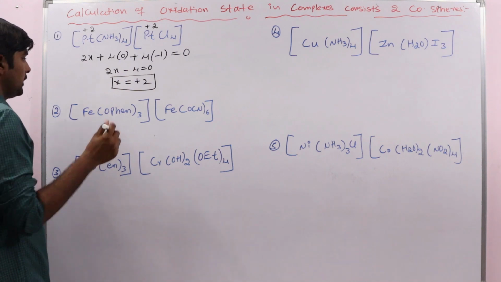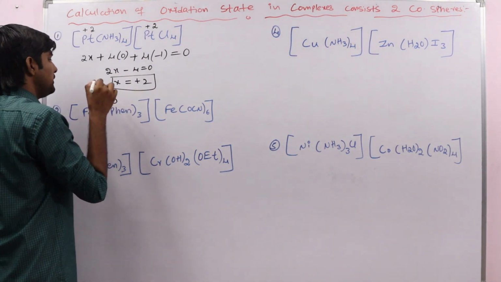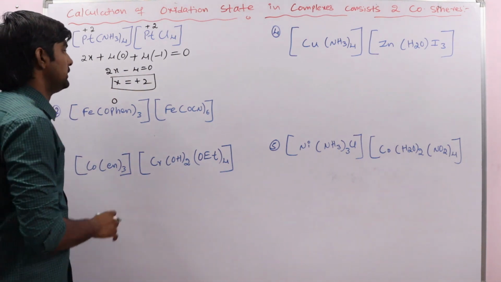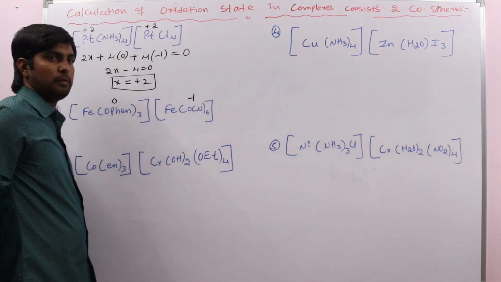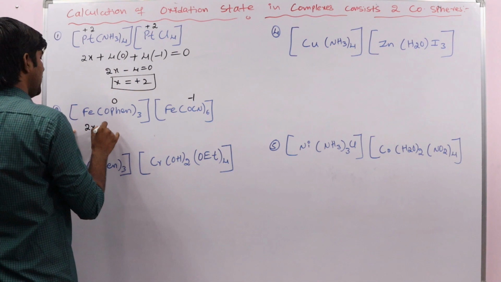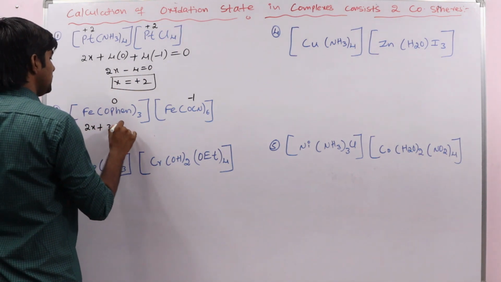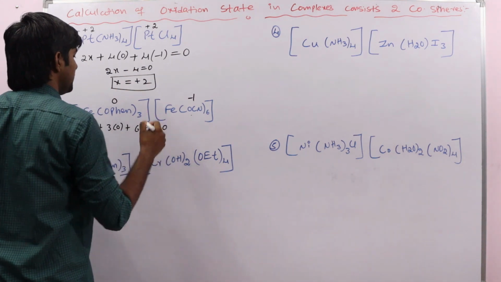Next, see here this ligand is also a neutral ligand, so it does not carry any charge, and this one carries -1 charge. So here how many metals? Two metals we have: 2x plus 3 into 0 plus 6 into -1 is equal to 0.